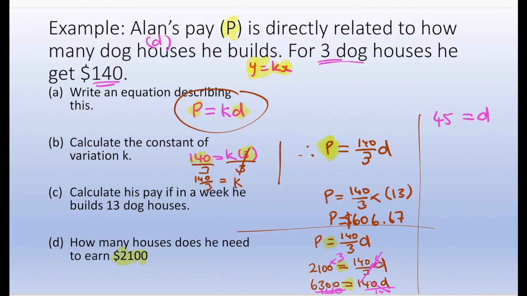So therefore D equals 45. He needs to build 45 dog houses to make the money.